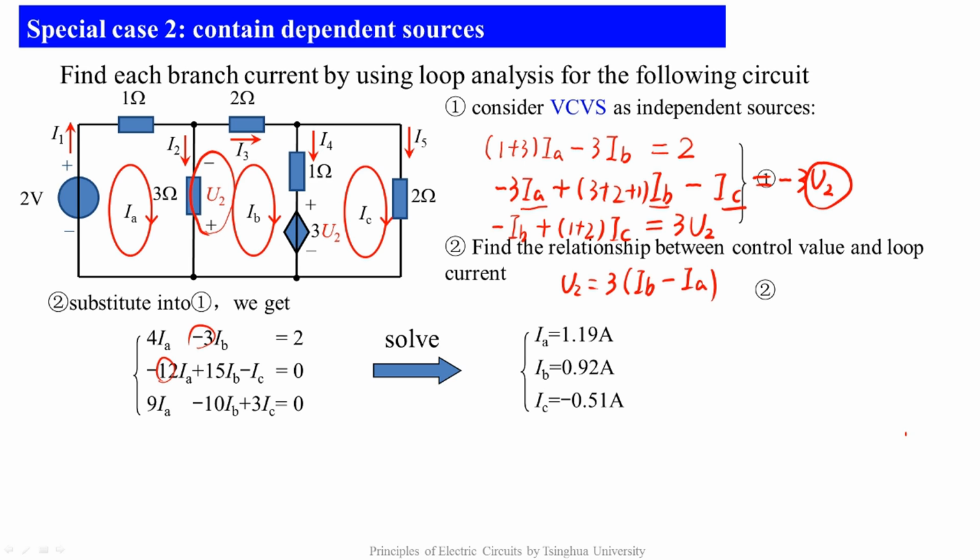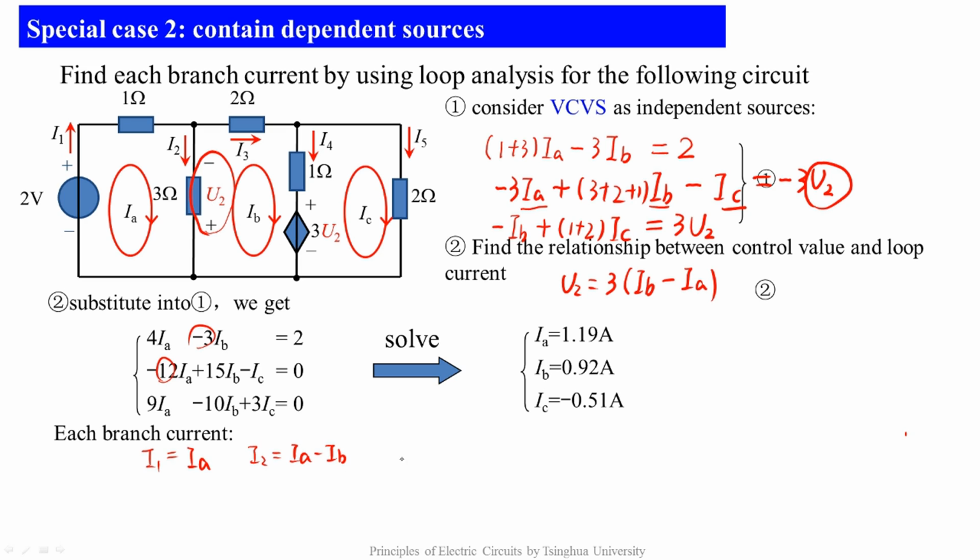Our ultimate goal is to find the current of each branch. As we said before, the loop current doesn't exist in real circuits. It's only a hypothetical variable for solving the circuit. In the end, the branch currents can be expressed as a linear combination of these loop currents. For instance, in this circuit, I1 should be equal to IA, while I2 should be IA minus IB.